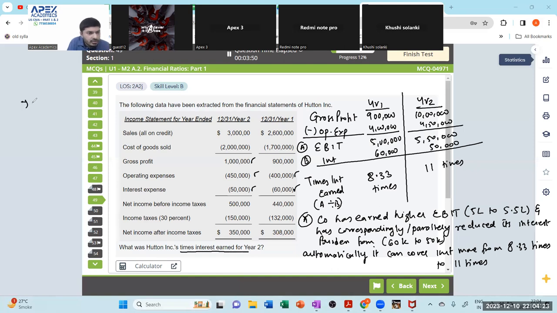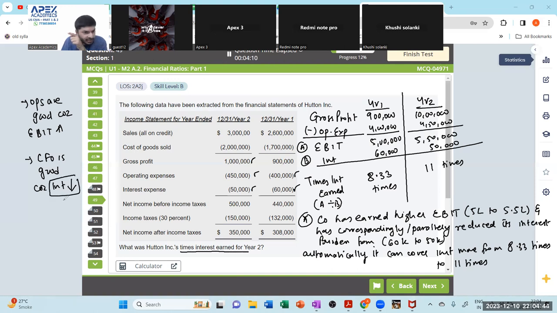So here, operations are good because EBIT increased. Next, the CFO is good because interest reduced. Here it is not the operational responsibility to reduce the interest.